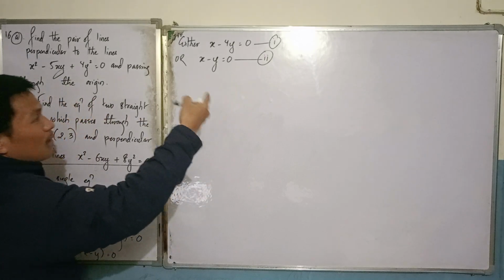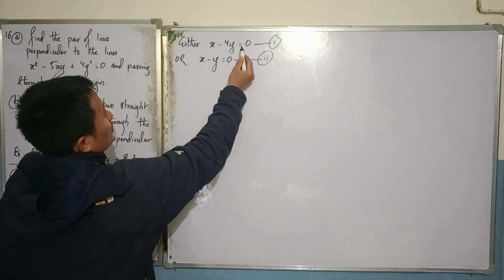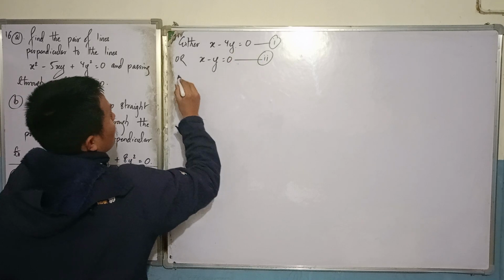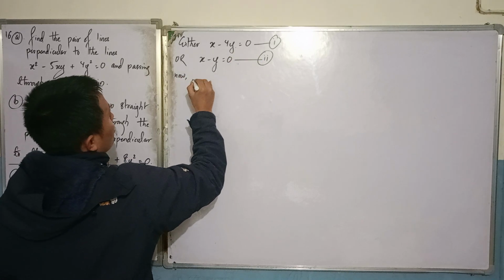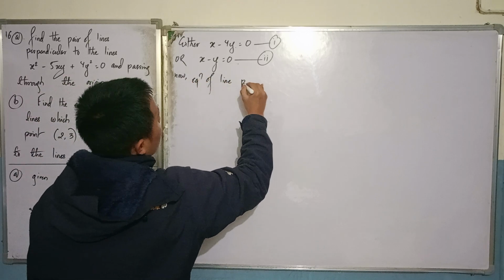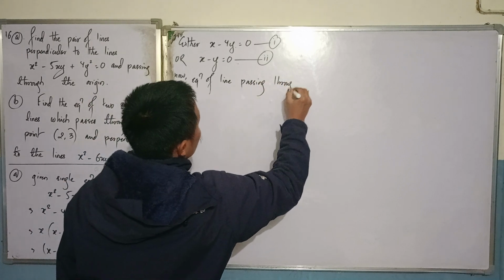So now you have to find the two other equations which are perpendicular to this line I and perpendicular to this line II. Now the equation of a line passing through the origin.